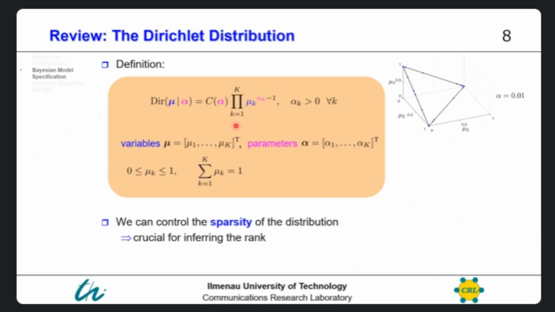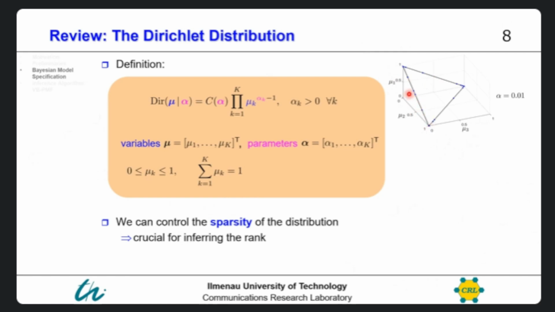If you have 3 random variables, so mu1, mu2, and mu3 here, if you set alpha equal to some value less than 1, then the distribution will be very sparse. You can see that the values are all occurring along the edge of the simplex here, or at the vertices.